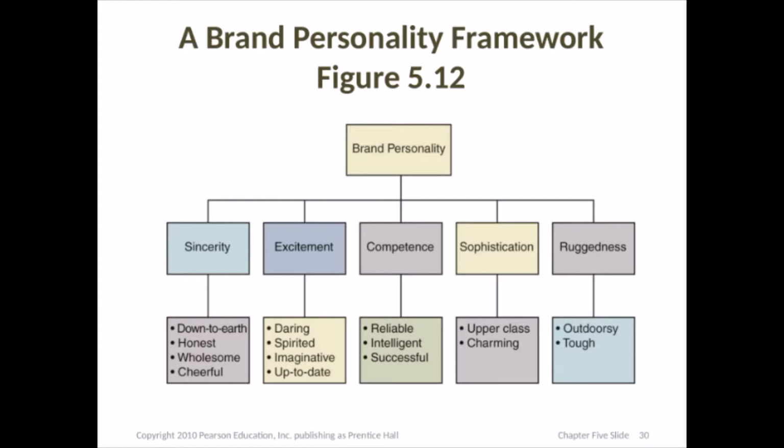Okay, this is the brand personality framework. In this figure, as you can see, this framework reflects extensive consumer research that tries to explain the structure and the nature of personality.